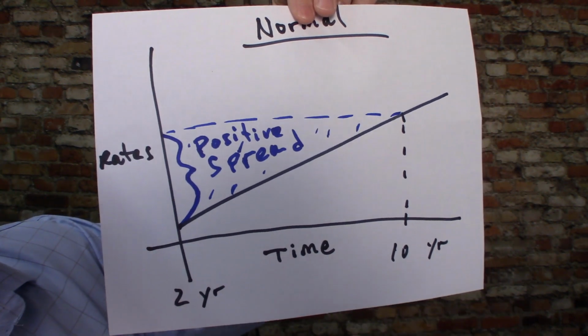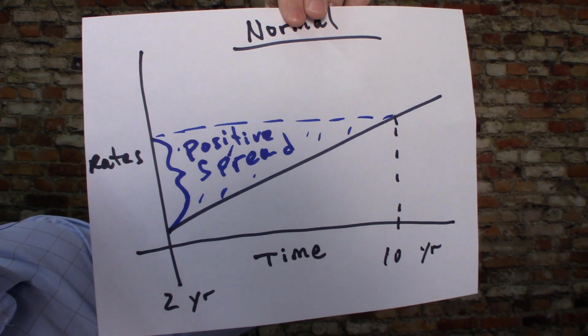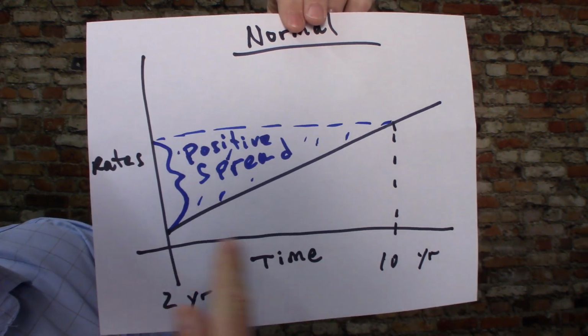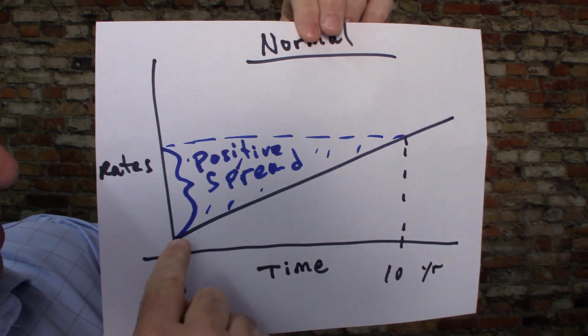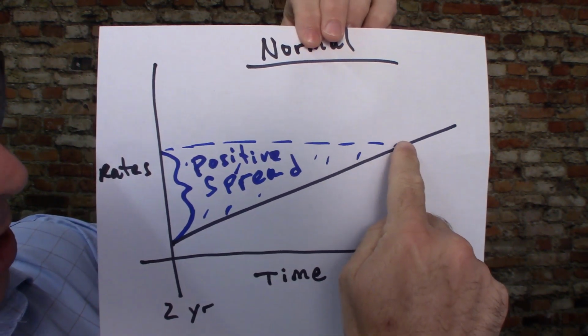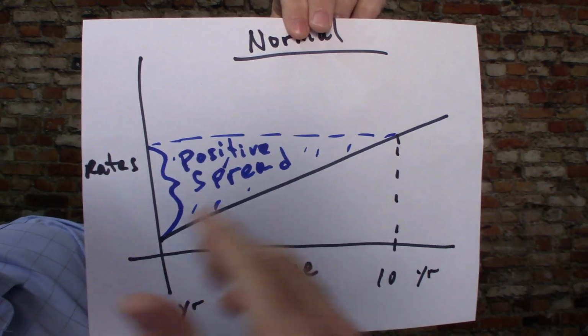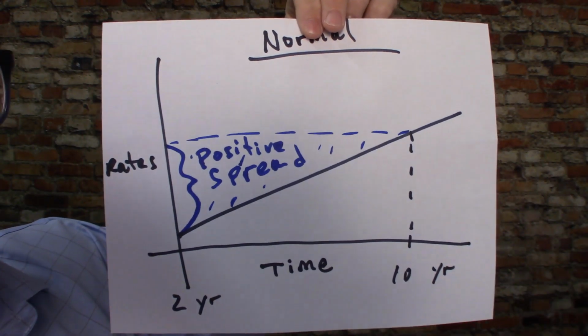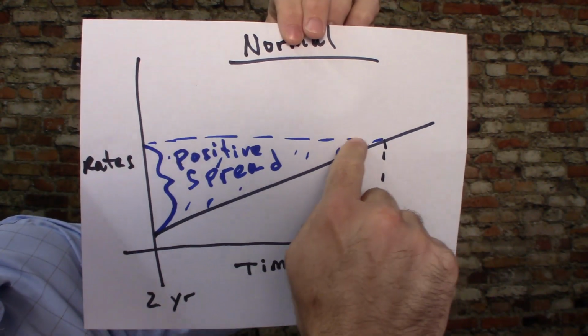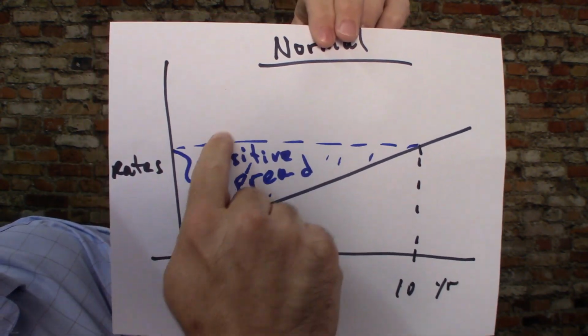When the U.S. government borrows money, the Treasury Department issues bonds such as 2-year Treasuries and 10-year Treasuries. Usually you get a higher yield on the 10-year Treasuries than you would on the 2-year Treasury. So the further out you go, you typically get a higher interest rate. The difference between the 2-year and the 10-year is a positive spread.